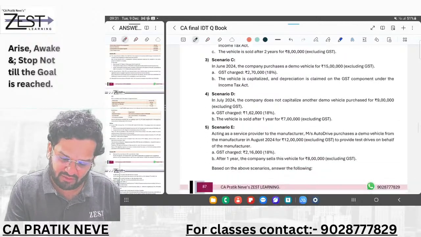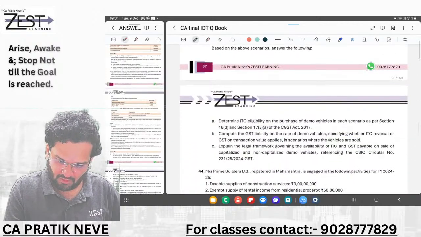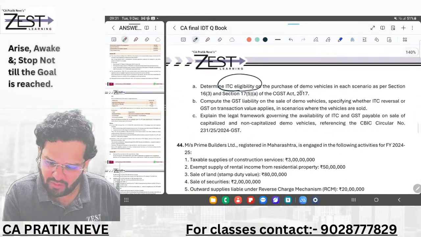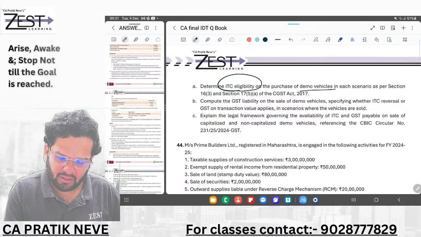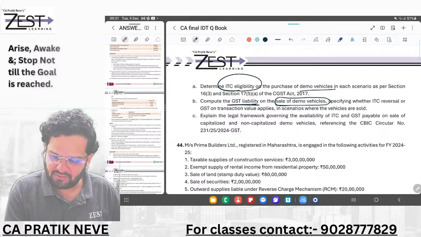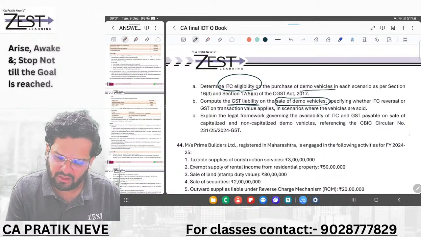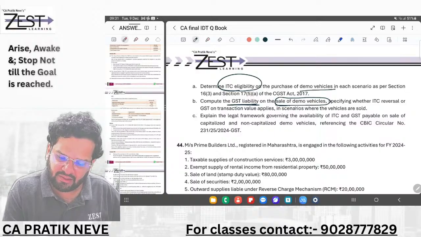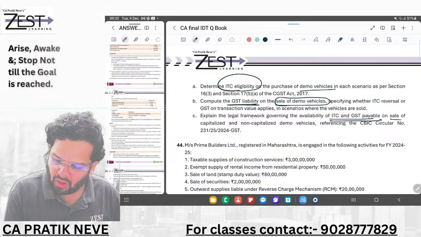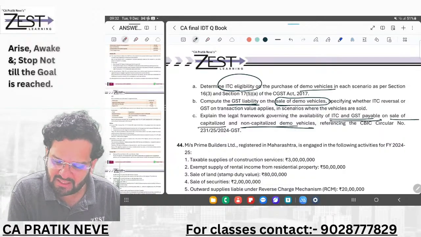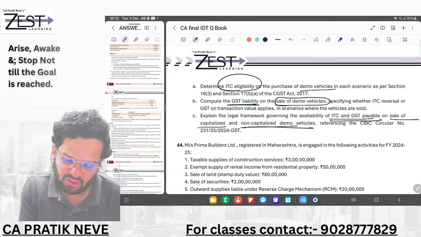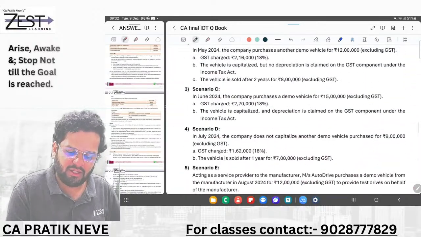There are 5 scenarios given. You have to tell me ITC eligibility on purchase of demo vehicles. Then you have to calculate GST liability on sale of demo vehicles. And explain the legal framework governing availability of ITC and GST payable on sale of capitalized and non-capitalized demo vehicles, referencing CBIC circular number 231/25/2024.